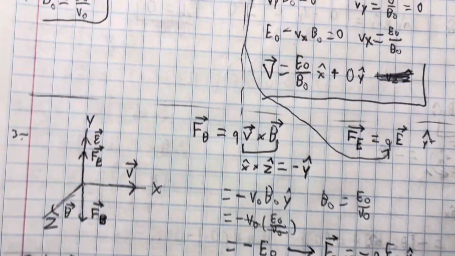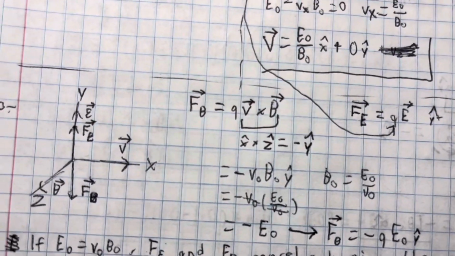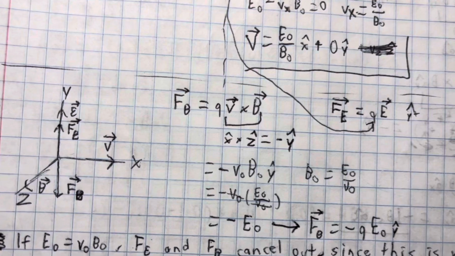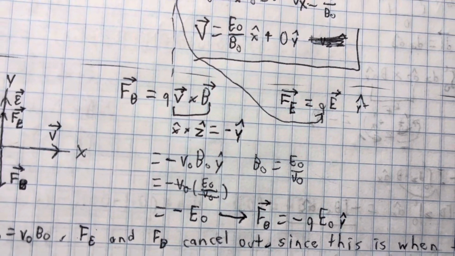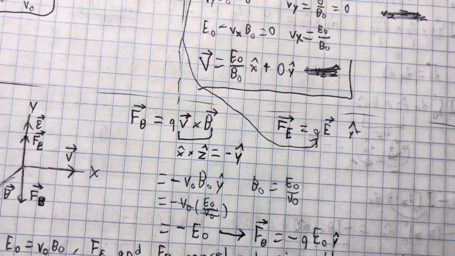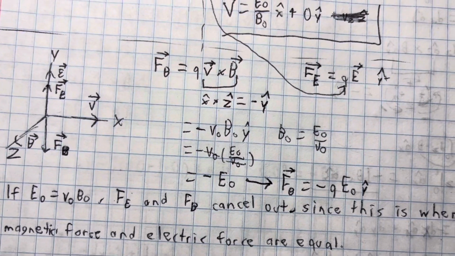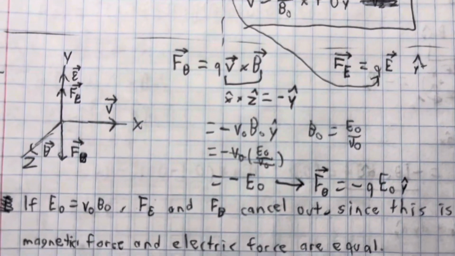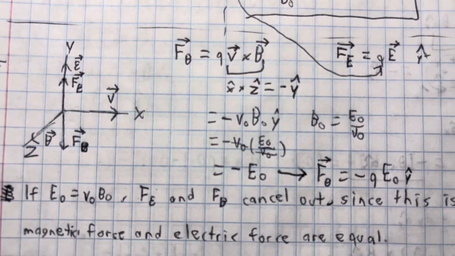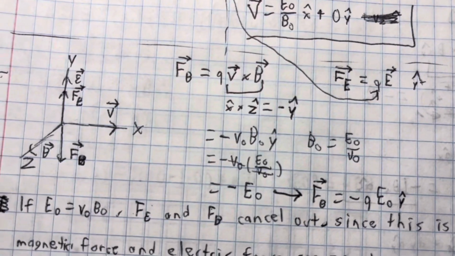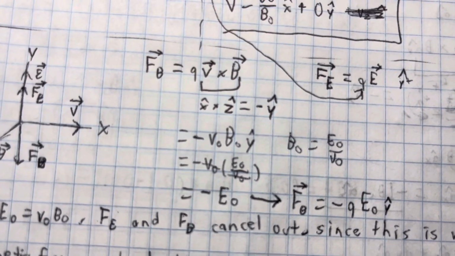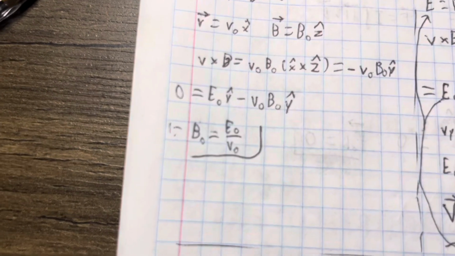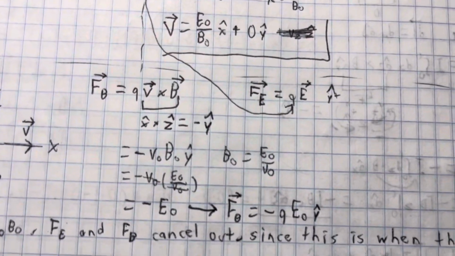So when we perform the cross product between the velocity and the magnetic field, we know that we will get a negative y vector. And we get the formula like this, the negative of the velocity times the magnetic field. But we also know that the magnetic field is equal to the electric field over the velocity.